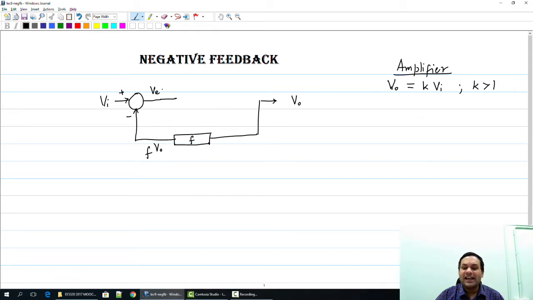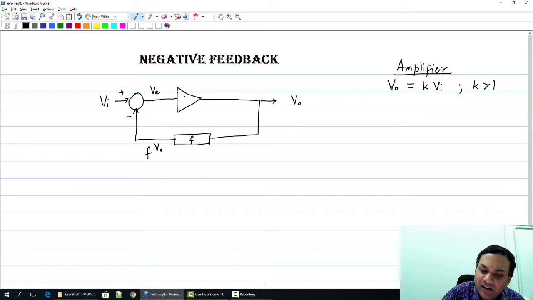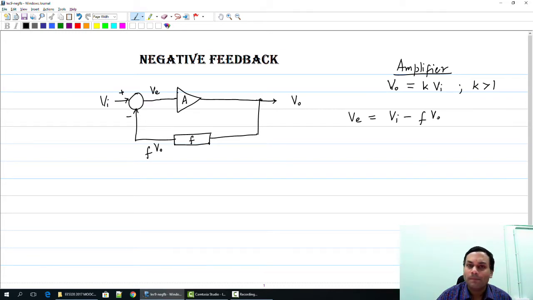Now the magnitude and sign of VE will tell you how far away VO is from VI. And then you magnify this error quantity using a forward amplifier whose gain we will term as A. So now the quantities describing the system are VE equals VI minus F times VO, and VO equals A times VE. We can manipulate these two to get the actual relationship between VO and VI.